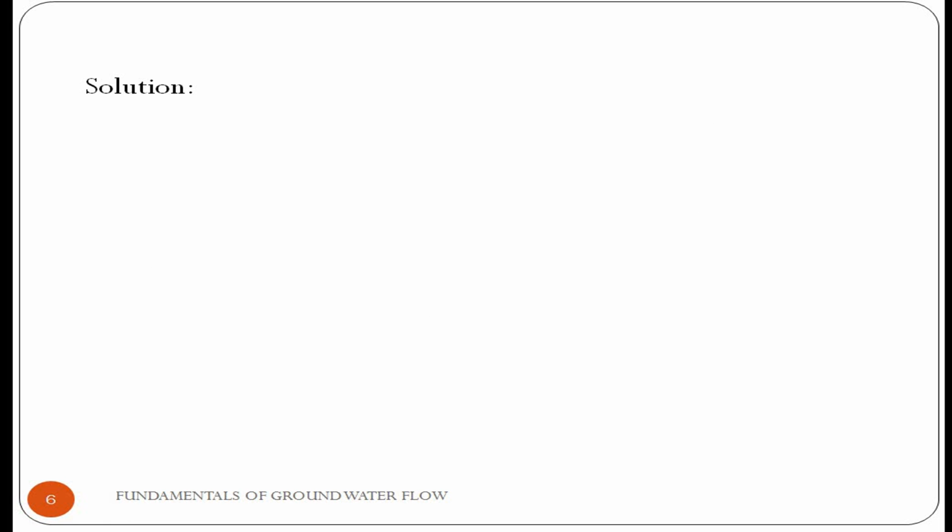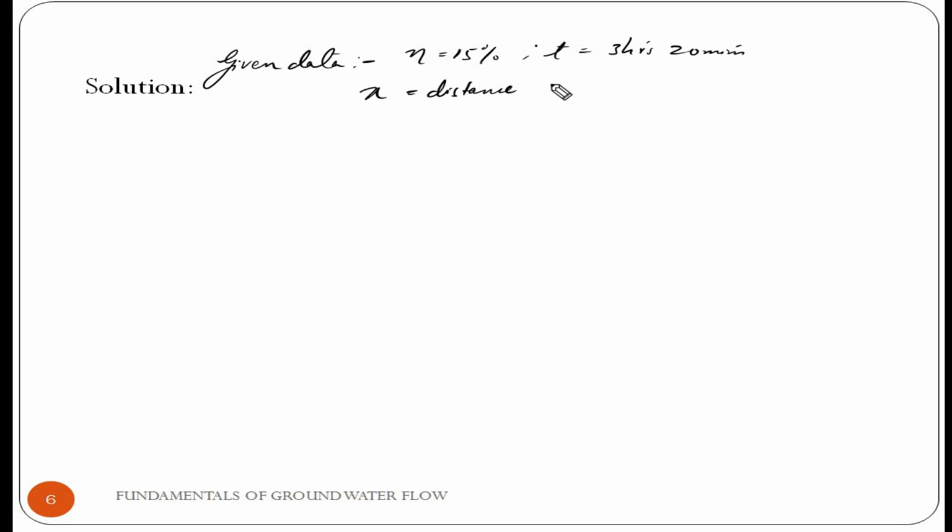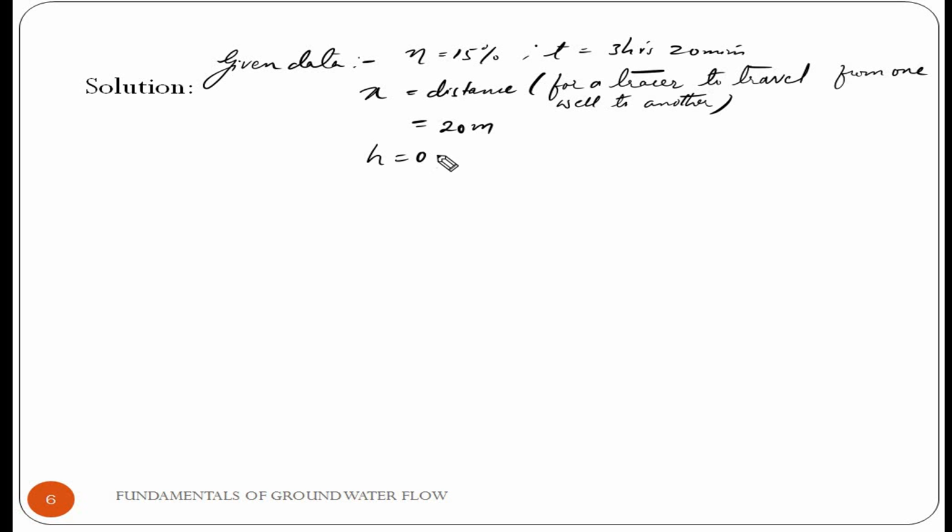So here, as per the given data, porosity is given as 15% and time is 3 hours 20 minutes, and the distance x, that is for a tracer to travel from one well to another, is 20 meter apart, and head is also given as 0.5 meter.